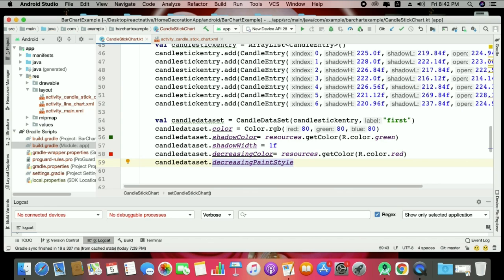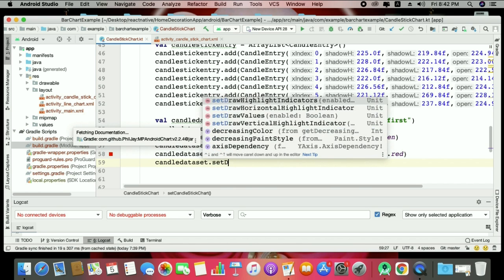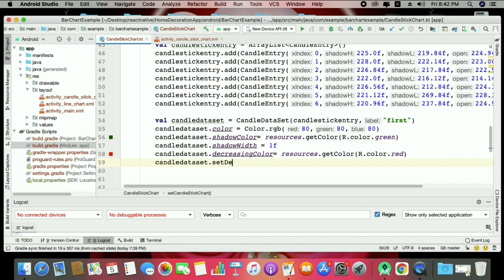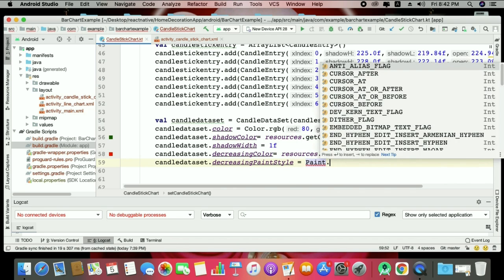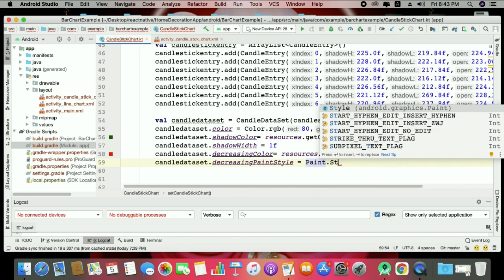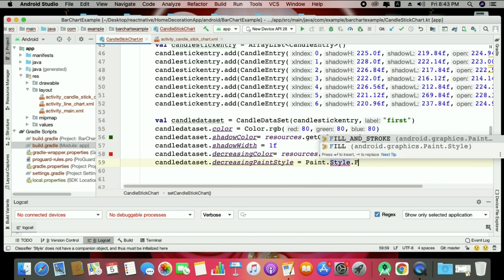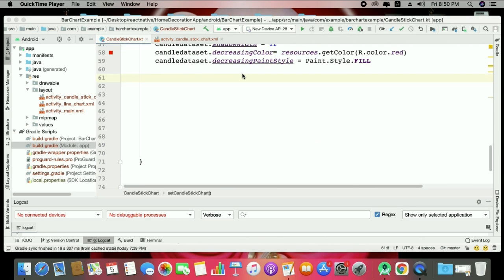Just a minute, not using it like that, you can say set decreasing paint style, and that is your Paint dot Style dot FILL, so you can use that.